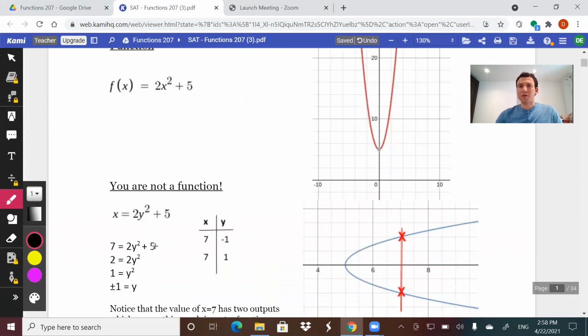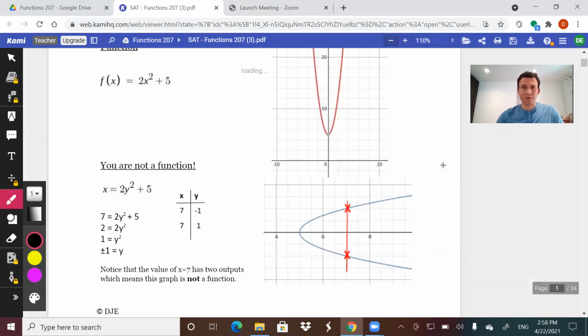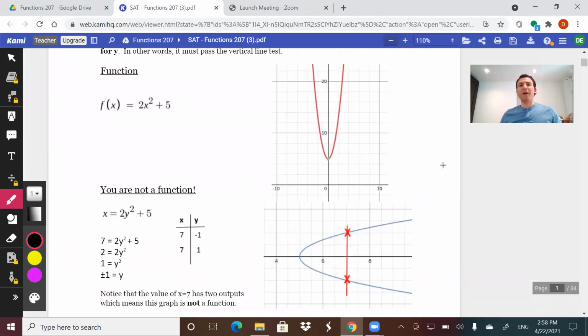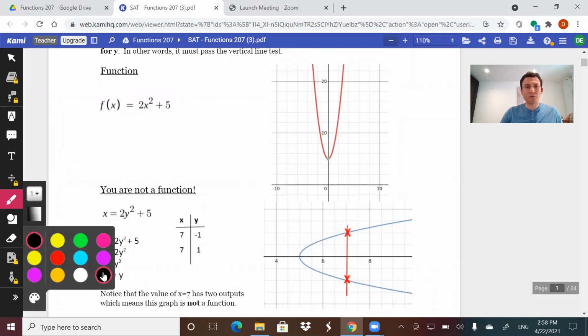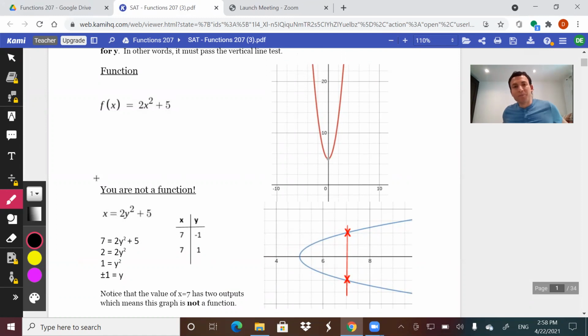First off, what is a function? I'll explain real fast. A function is any type of equation that can be graphed where for every input for x, you only have one output for y.